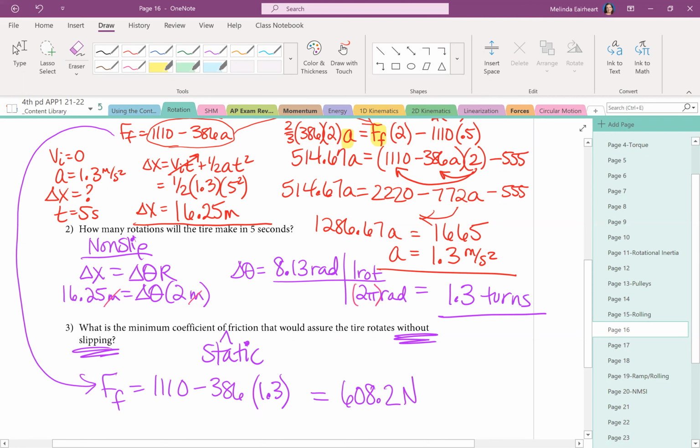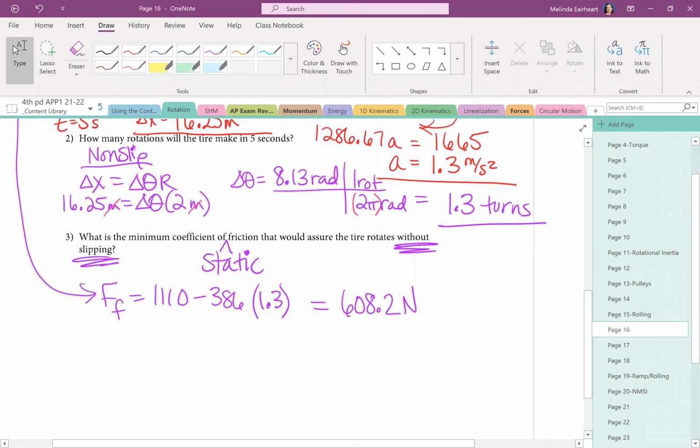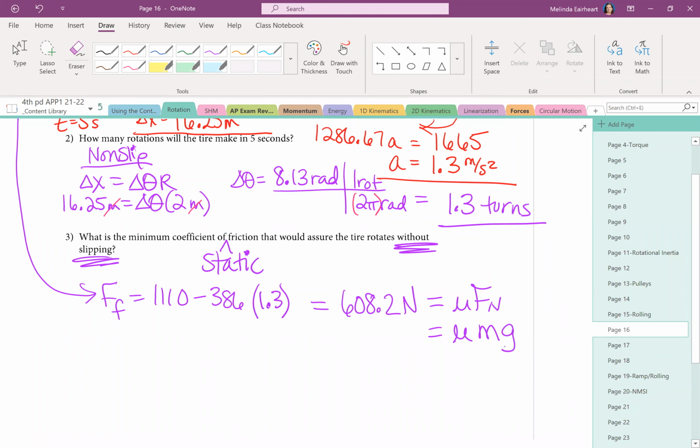How do we find the coefficient now? There's only one equation that has the coefficient, mu Fn. Now today, we already said Fn equals the gravitational force, but be careful, it doesn't always. We'll go on a ramp next class, and it doesn't equal mg.